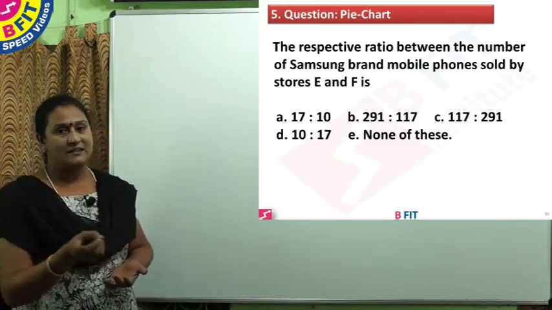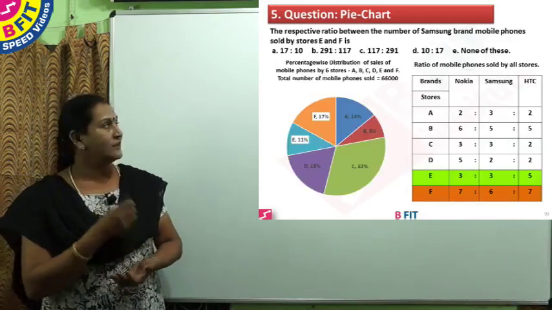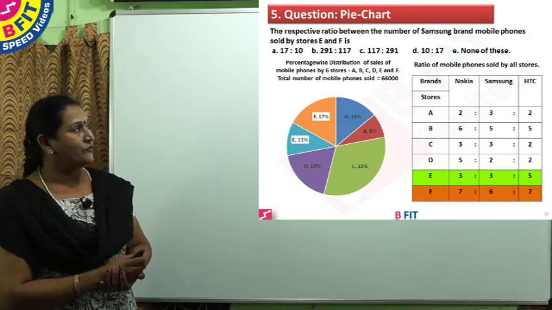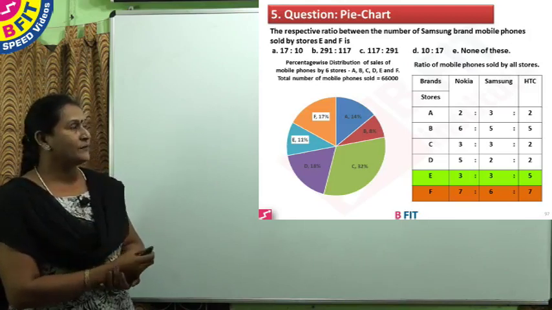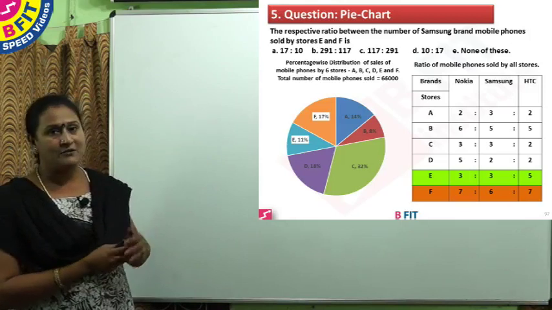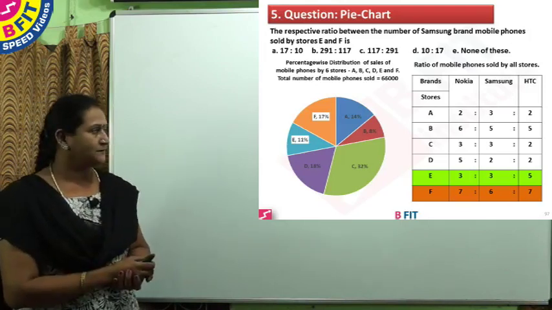And for this we will see the working slide. So here we have the working slide. So we are asked to find the ratio between the number of phones sold by E and F. So which value occurs first? They have asked for E first. So write the details of E in the first part and then F in the second part.